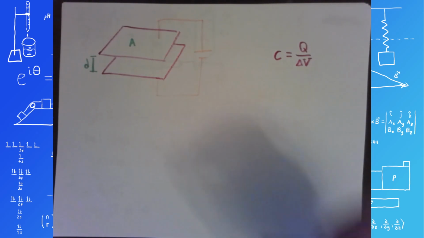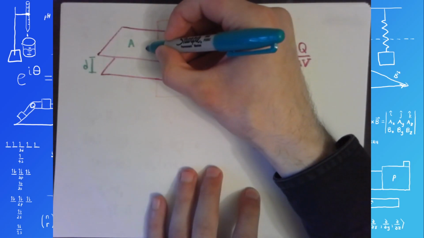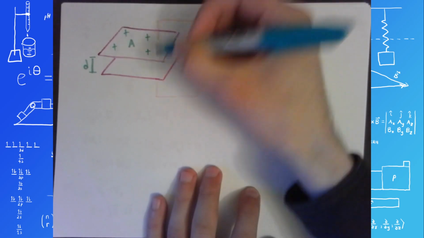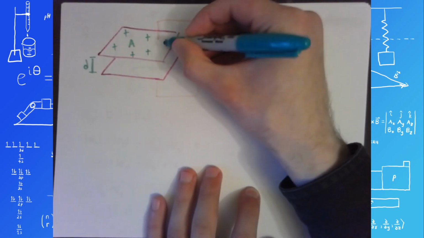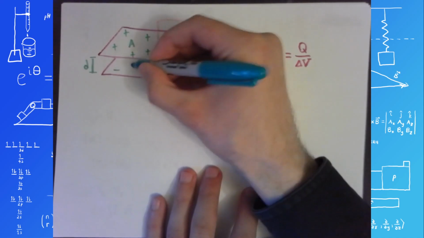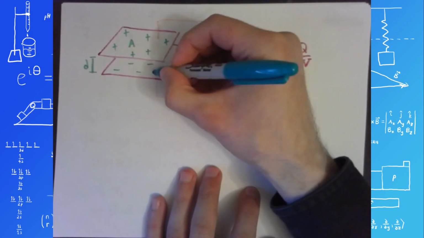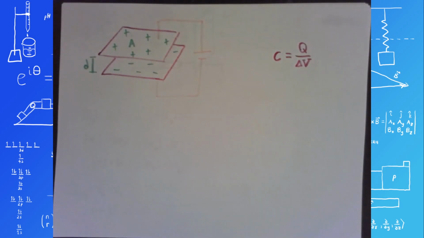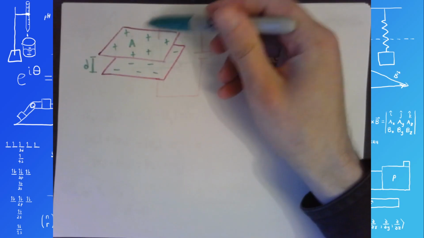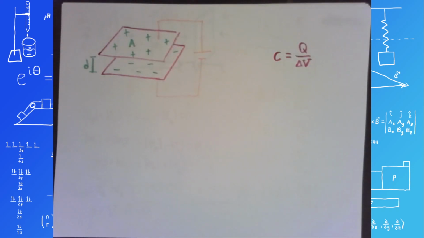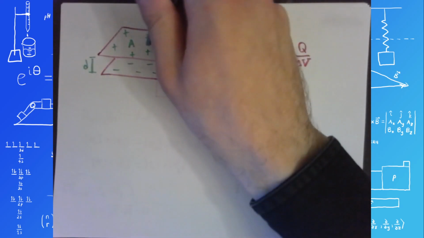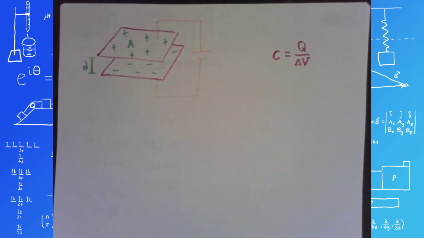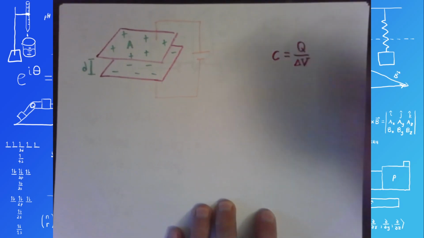So what ends up happening is positive charge ends up developing on the surface of the top plate, the part that's connected to the positive end of the battery, and an equal amount of negative charge develops on the bottom plate. Basically, electrons move from the top through the wire to the bottom. So whatever total charge is on the top plate, a charge of equal magnitude exists on the bottom plate, and the magnitude of that charge is the Q in this equation.